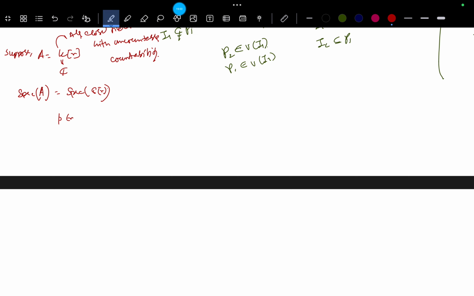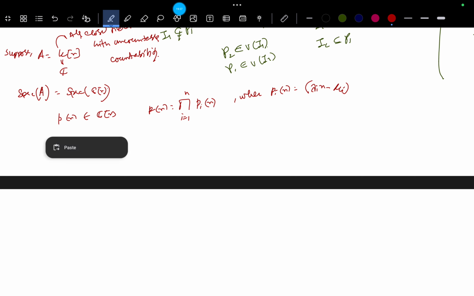If we consider any p(x) belonging to C[x], it can be written as a product for i equals 1 to n of p_i(x), where each p_i(x) is of the form lambda_i x minus mu_i, because in an algebraically closed field, any polynomial can be decomposed into linear factors.